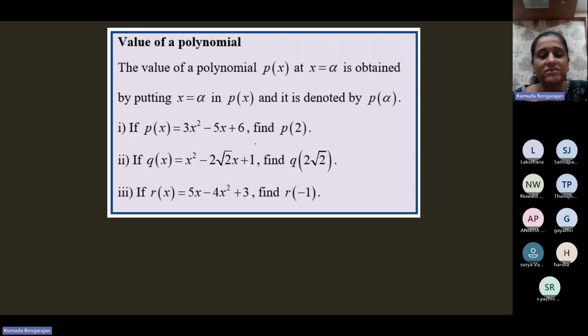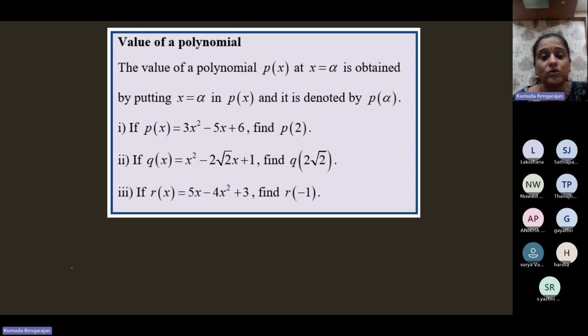So to begin with, let's understand how to find the value of a polynomial. See the question here. If p of x is equal to 3x squared minus 5x plus 6, find p of 2. So the question is to find the value of this polynomial p of x when x takes the value 2.